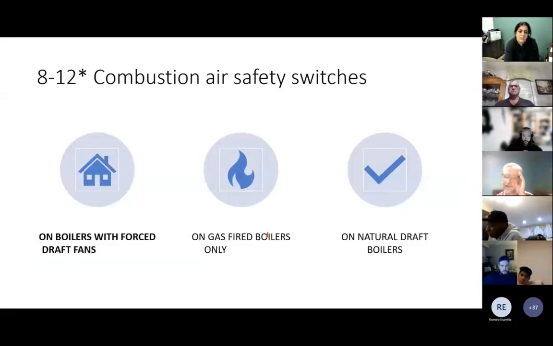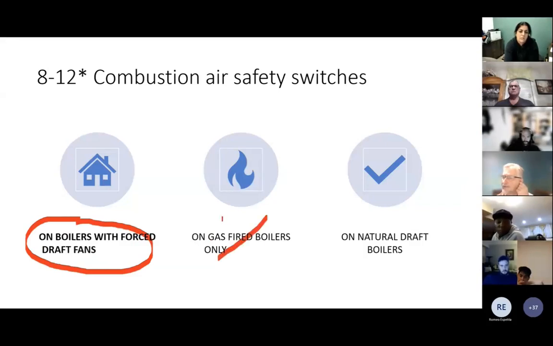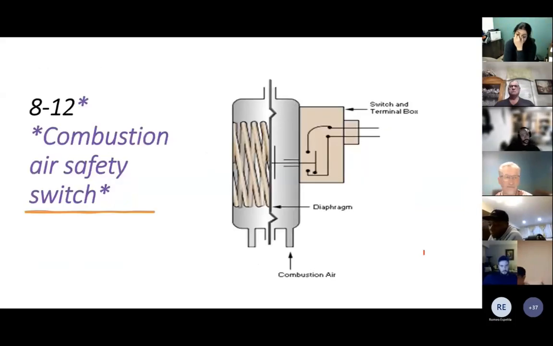Combustion air safety switch used on boilers with forced draft fan. Not gas boilers only, could be oil fired, and not something you'd find on a natural draft boiler. Natural draft is not strong enough to trip any switches.